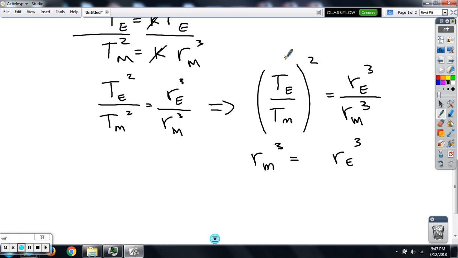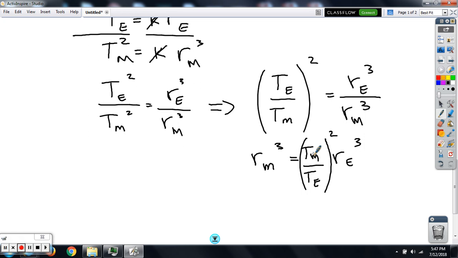So that's the same as multiplying by the reciprocal. So check to make sure you understand this step and that I didn't make a mistake. Alright, so I divided both sides by TE over TM squared, but that's the same as multiplying by the reciprocal, so it's multiplying TM divided by TE squared. And the last thing you do is cube root it. I'll wait a moment to do that.